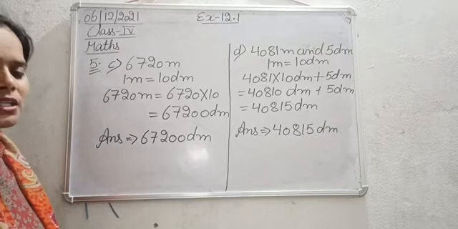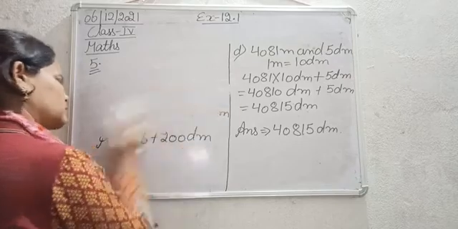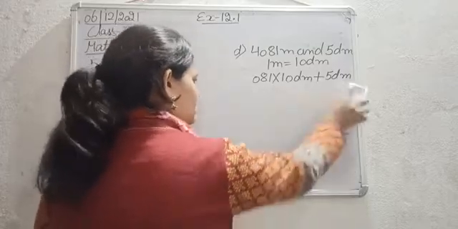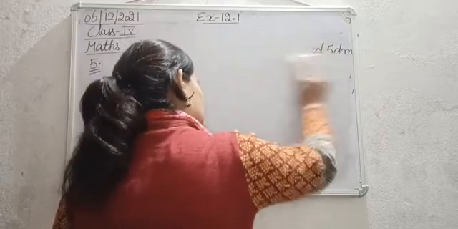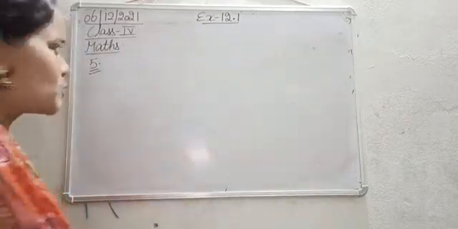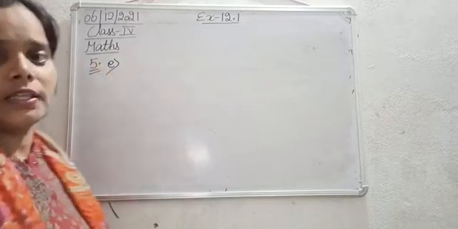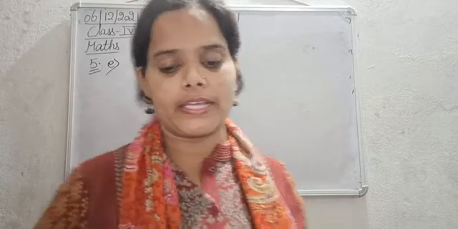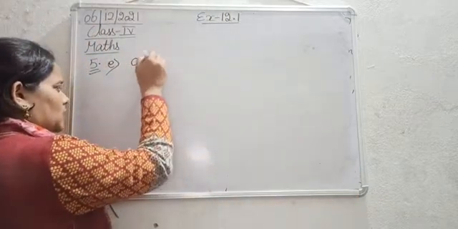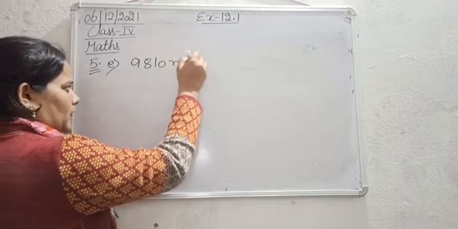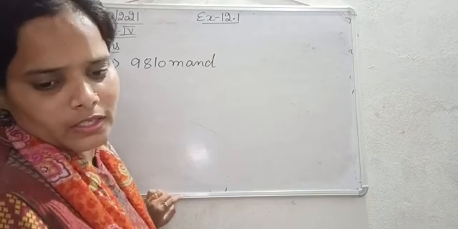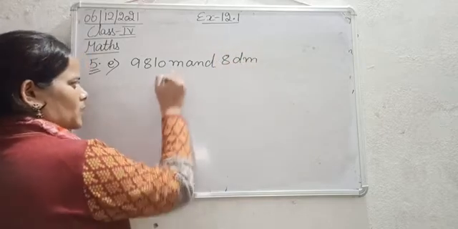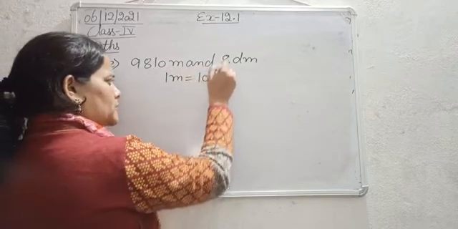Moving next to the E part, that is 9,810 meter and 8 decimeter. 1 meter is equal to 10 decimeter.